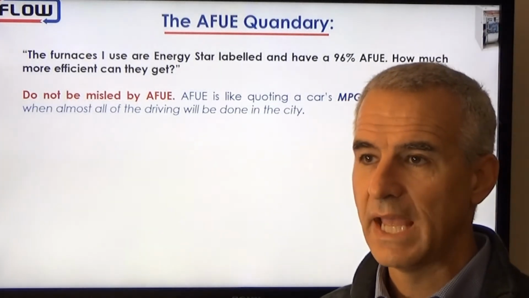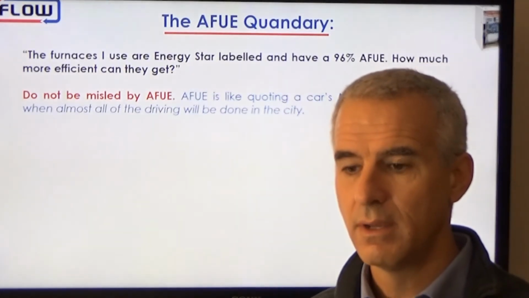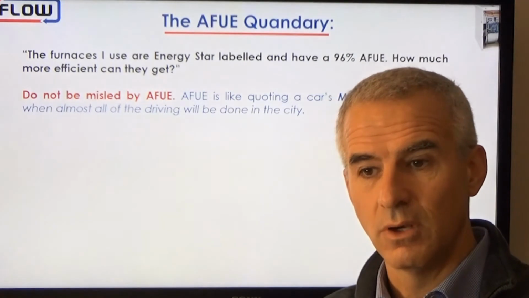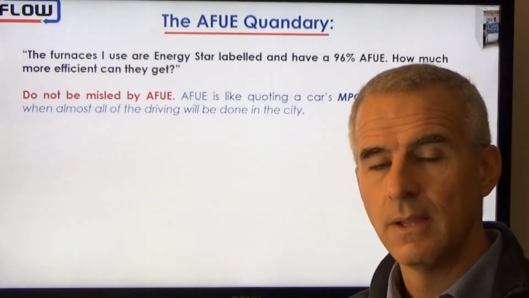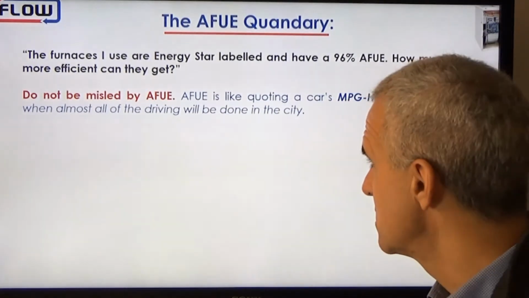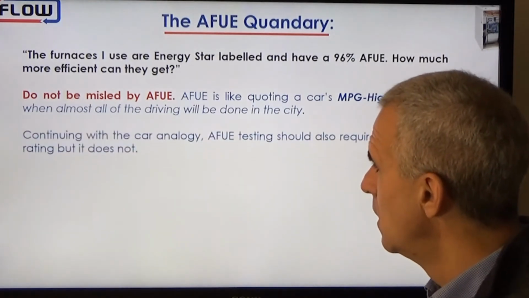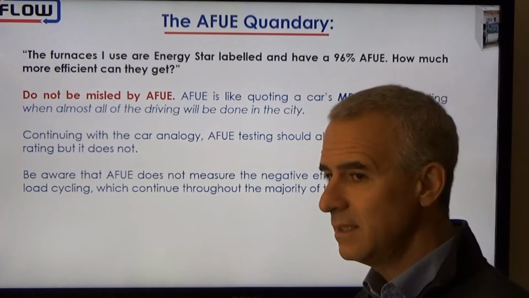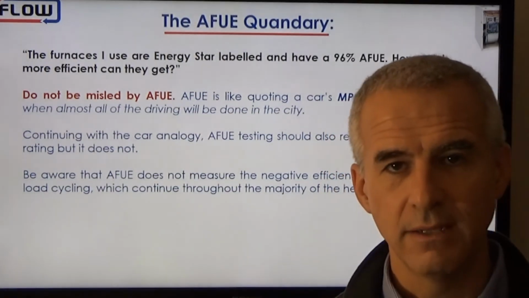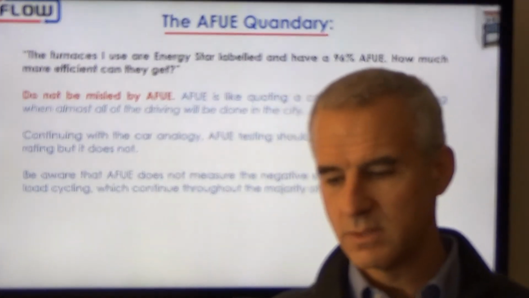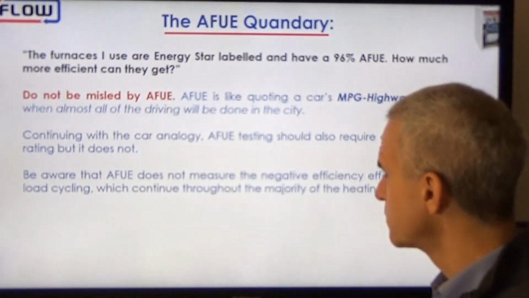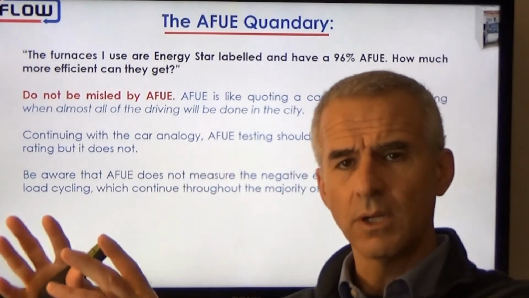So AFUE should be requiring an MPG city, or a city rating, but it doesn't. That's not part of the test, unfortunately. So when the unit is operating, when I'm testing the unit at maximum, which is part of the AFUE, then not a problem.